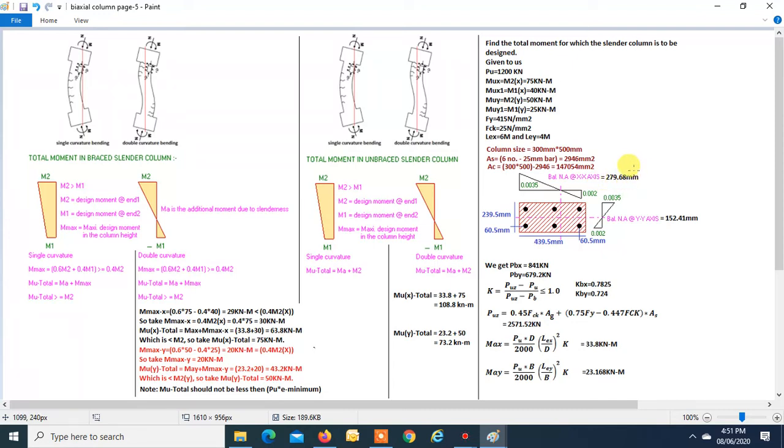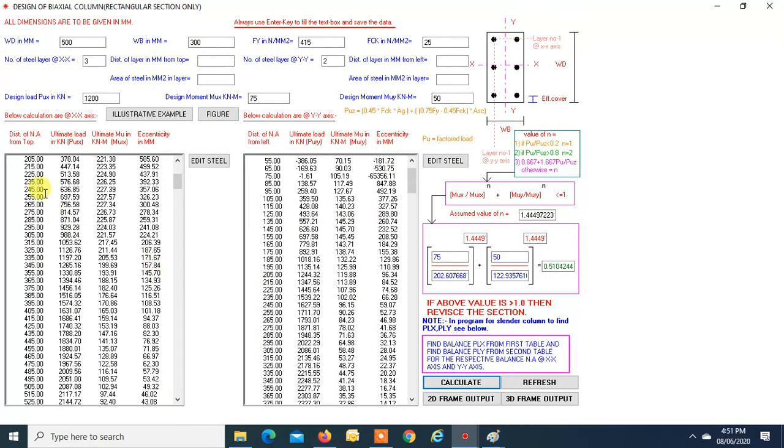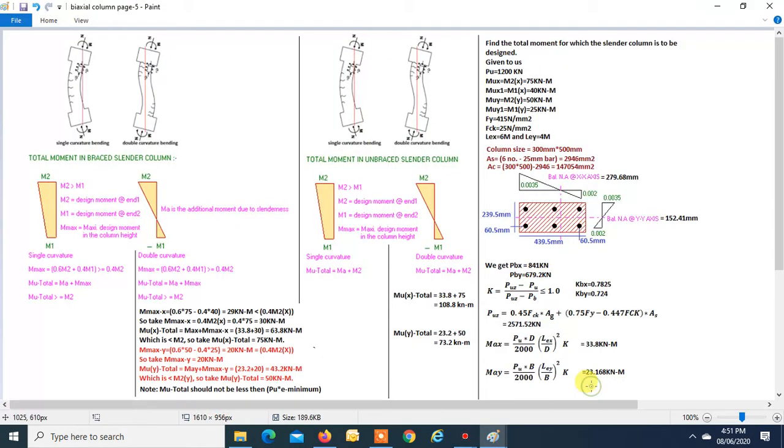For the balanced neutral axis 279.68, we directly have to see the table. 279.6 is the depth of neutral axis. 279.6 comes between these two values. By interpolation, we get the corresponding balanced load, that is PBX. So that is found to be 841 kilonewton.